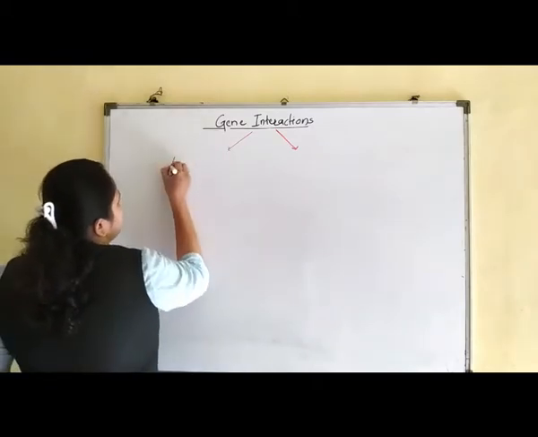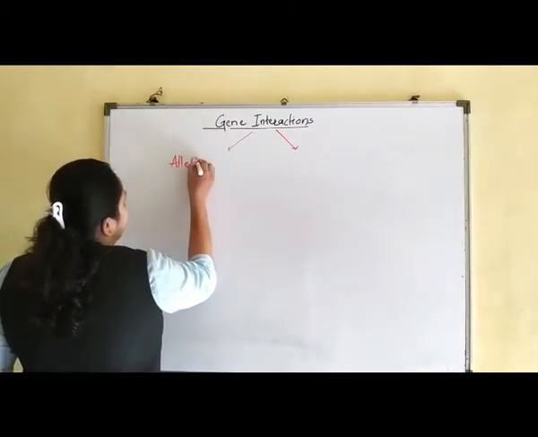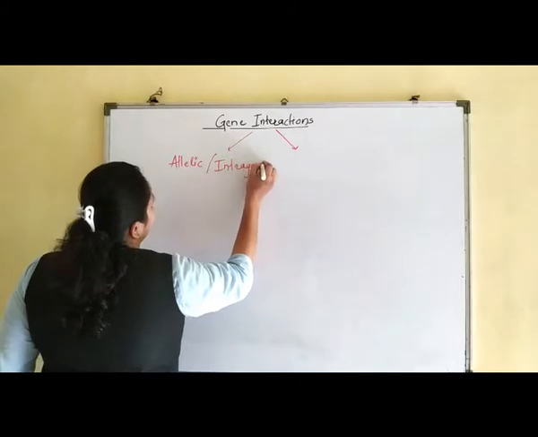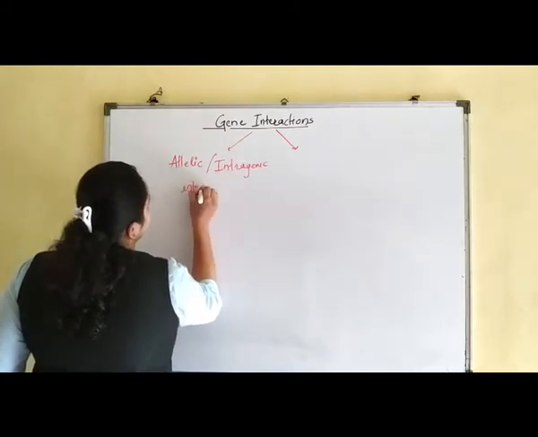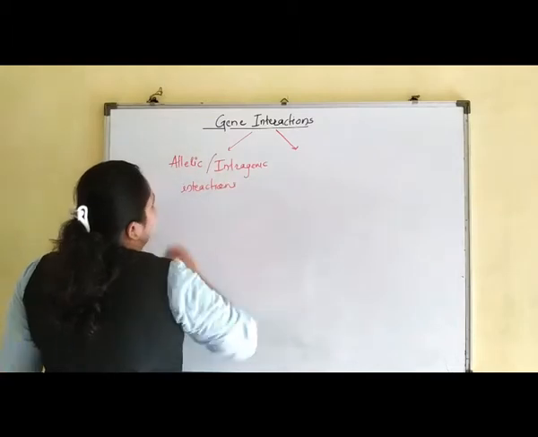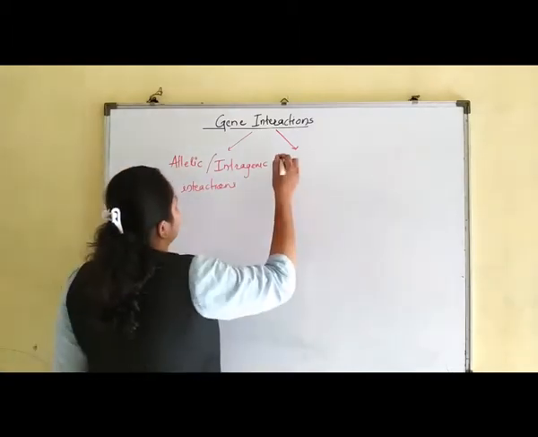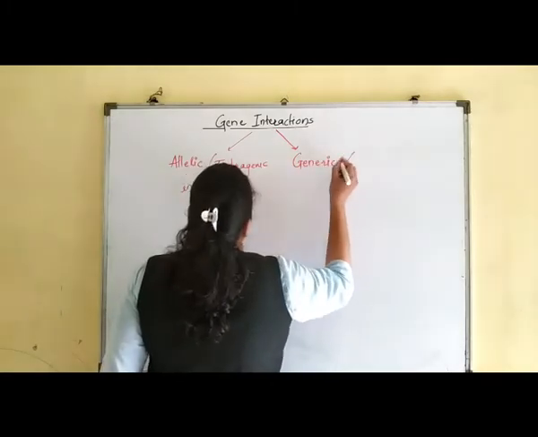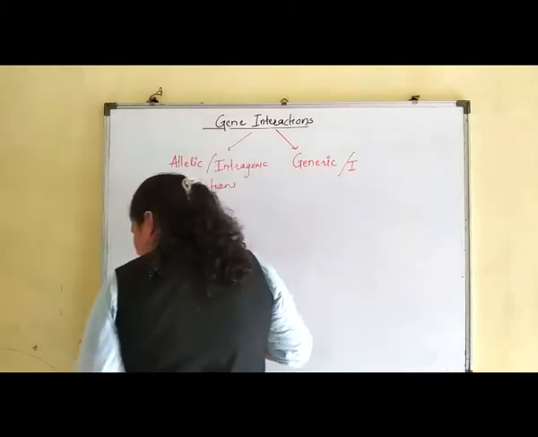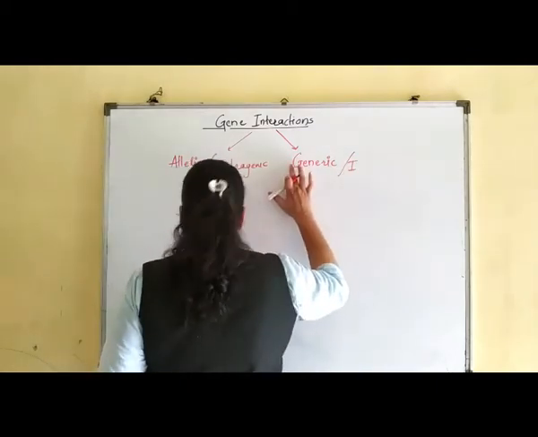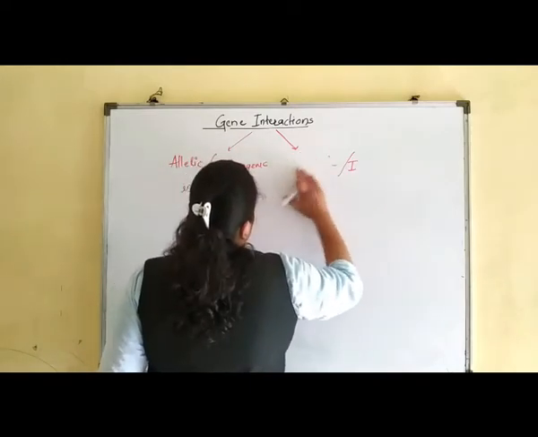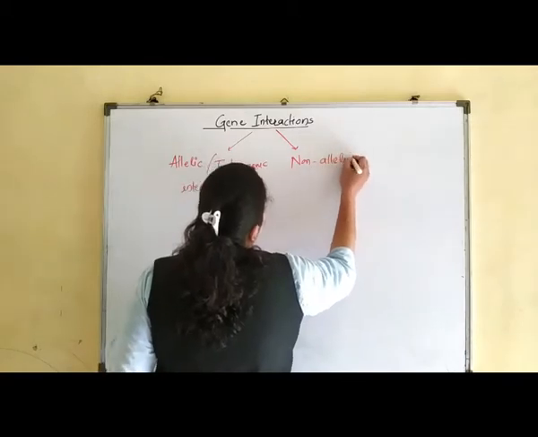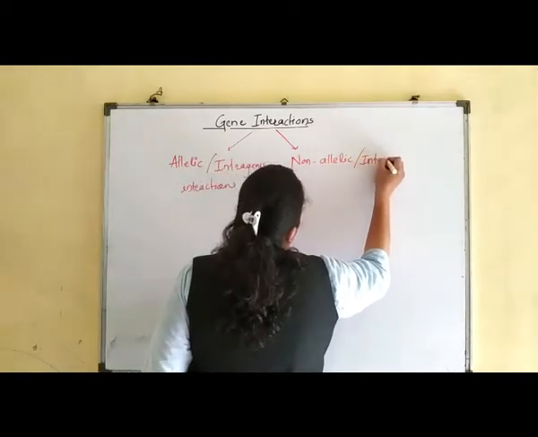The second type of gene interaction is known as interallelic, or we can say non-allelic or intergenic.